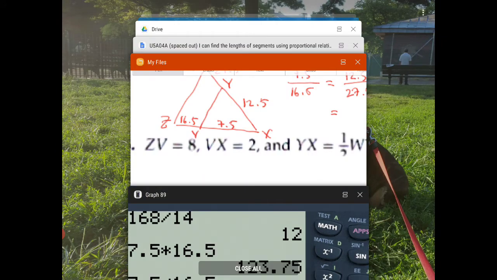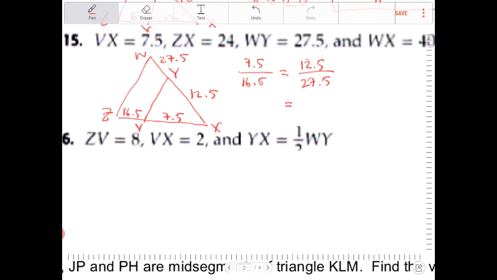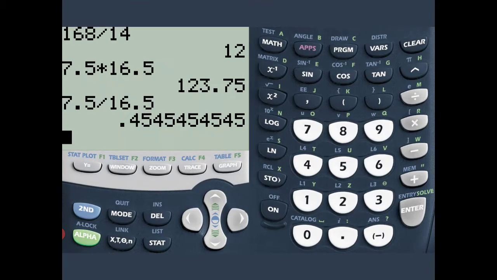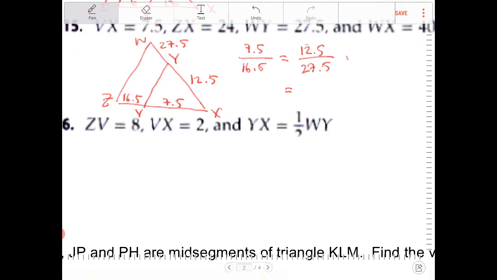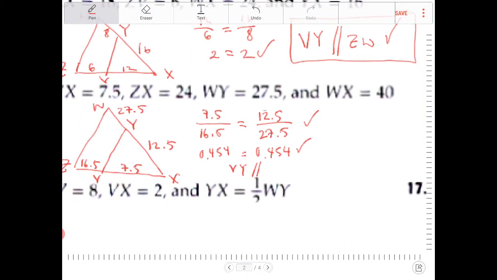And I need to do the same thing again, but this time for 12.5 and 27.5. So they are identical. So because of this, this is going to equal 0.454. So Vy is indeed parallel to Wz or Zw.